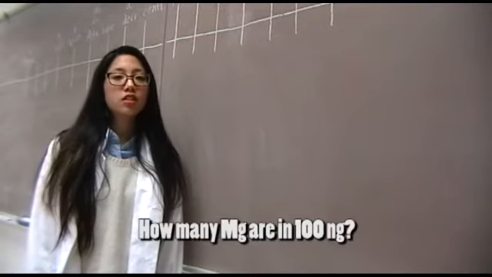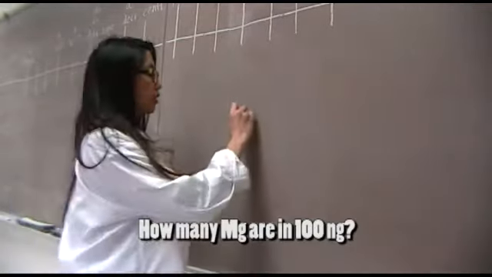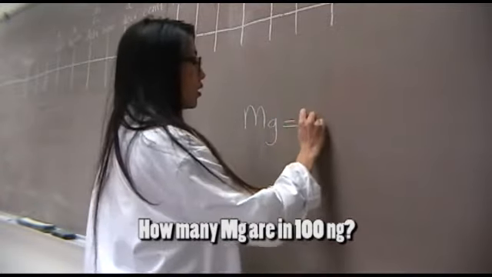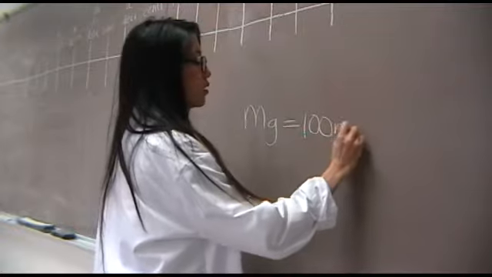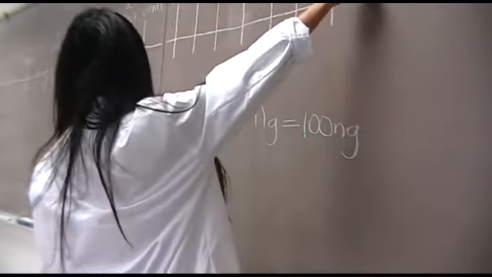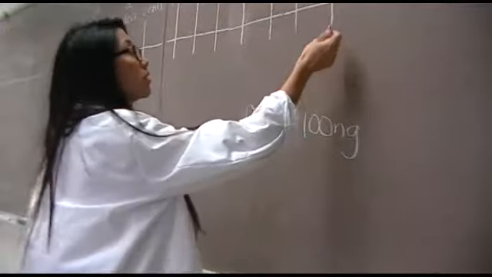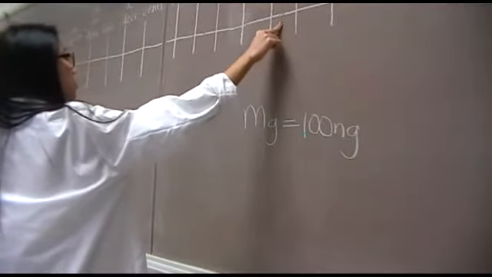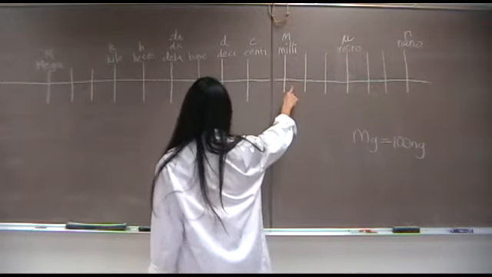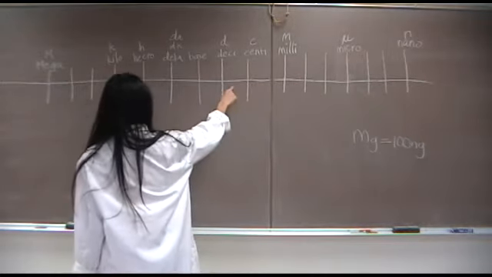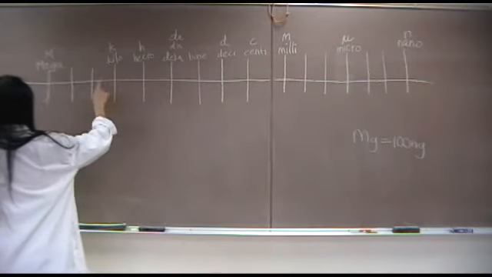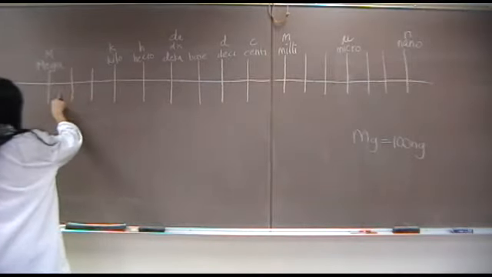Okay, now for the long question. How many micrograms are in 100 nanograms? So now we count how many spaces nanograms is from megagrams. So let's start counting. 1, 2, 3, all the way to 15.